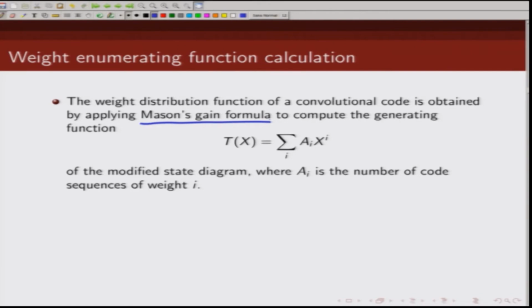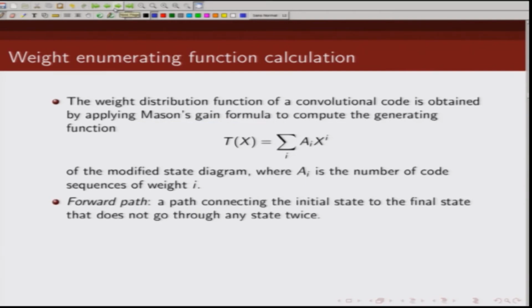So, we are going to describe how we use Mason's gain formula. We represent by T of x the generating function, which will basically enumerate all code words of weight I. Now, let us define a few terms that we are going to use in Mason's gain formula.